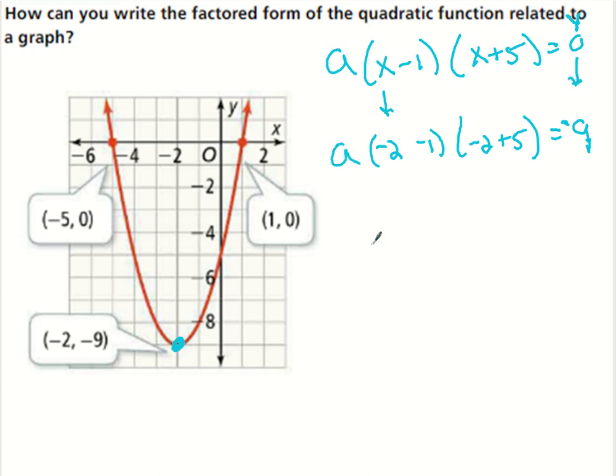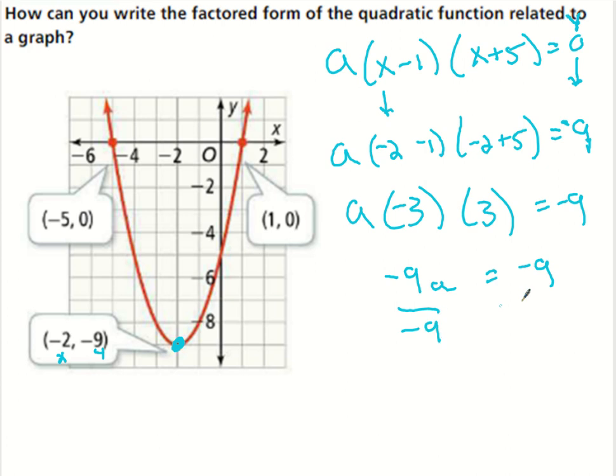And then now I can solve the equation for a to make sure that there is no a value here. So I plugged in my vertex, negative 2, here's my x, here's my y. So this gives me negative 3 times 3 times a equals negative 9. Well, this gives me negative 9a equals negative 9.